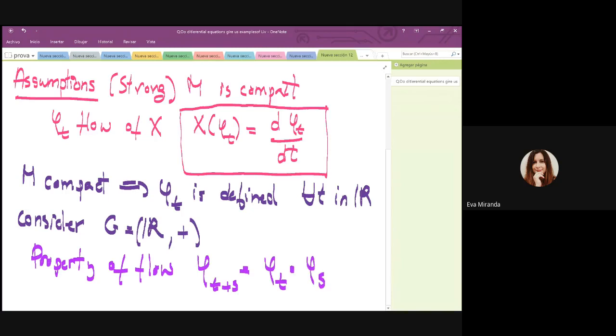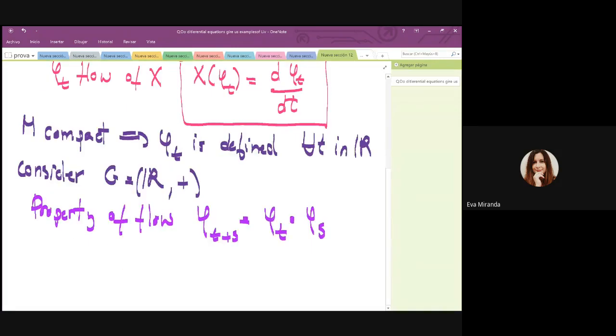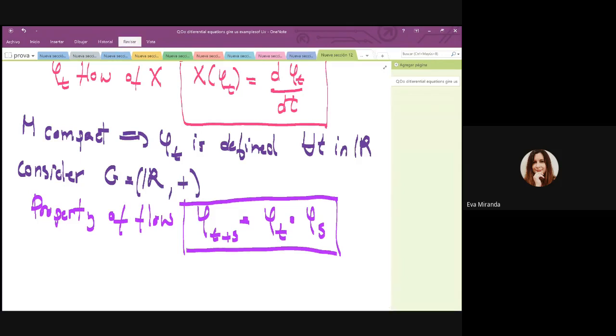That's one of the properties that we have, composing of the diffeomorphism of the flow. Well, that's a property that we have to know from differential equations. Okay, now let me change the language for a while.